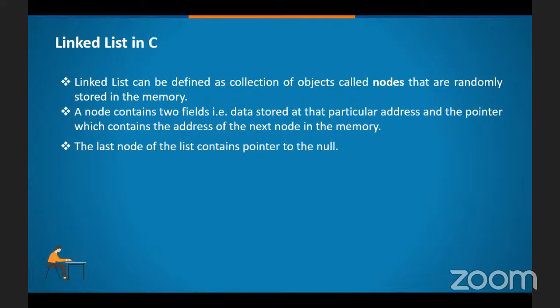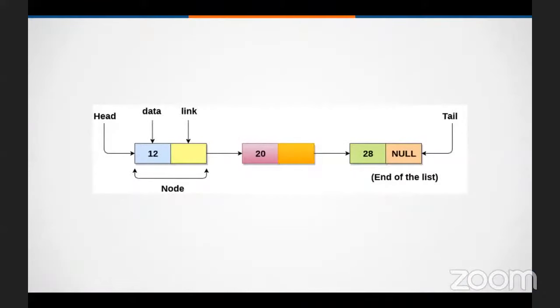The data field can be an integer, float, string, some kind of information. The other field consists of the next node's address. That we also call self-referential. And the last node of the list contains a pointer to null. I'll tell you how we do that now.